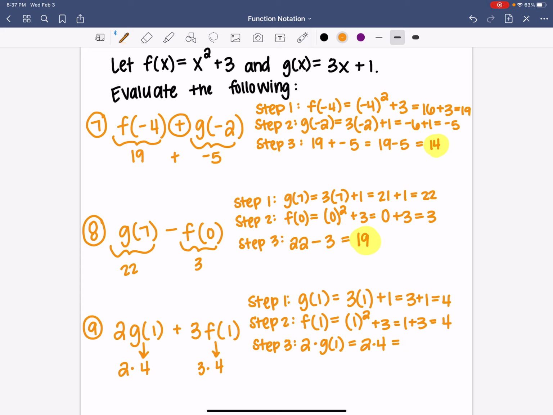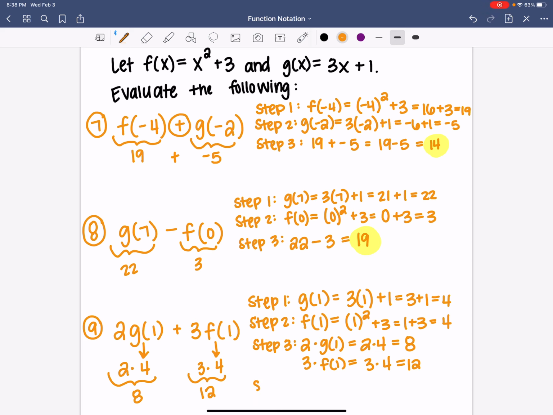We're just actually completing it this time. And that gives us 8, right? And we need to find 3 times f of 1. Well, we already wrote that down here, so we're just completing the 3 times 4, which is 12.